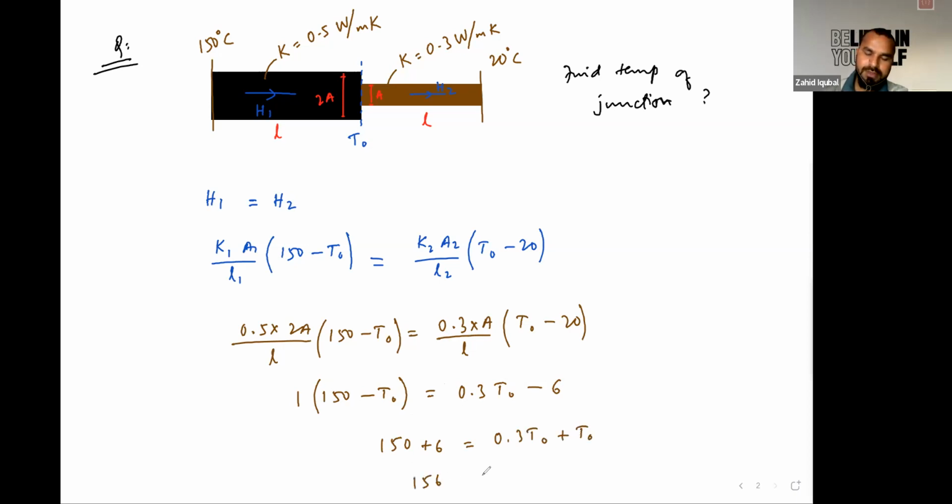So it will become 156 equals 1.3 times T naught. So T naught is 156 divided by 1.3. Remove decimal: 156 times 10 divided by 13 times 10. So T naught will be 120 degrees Celsius.